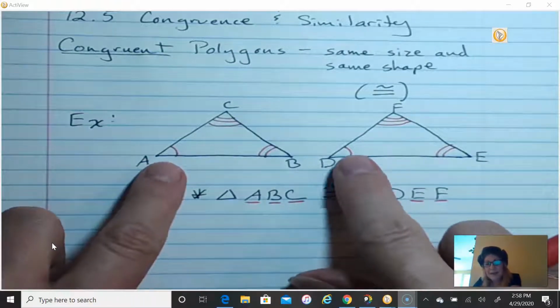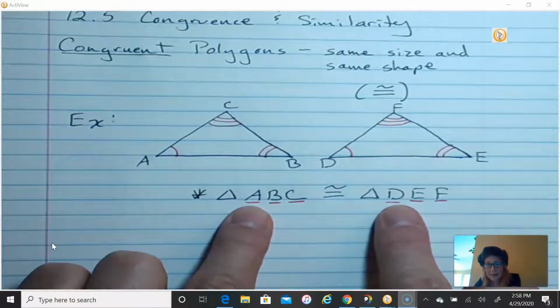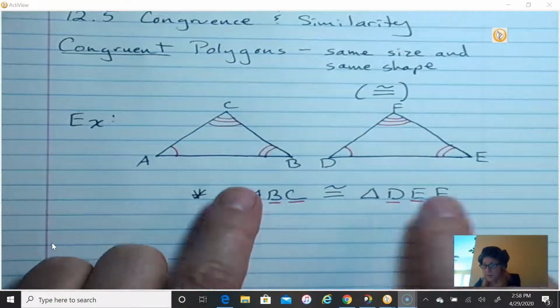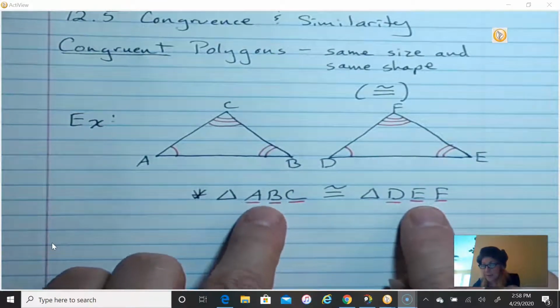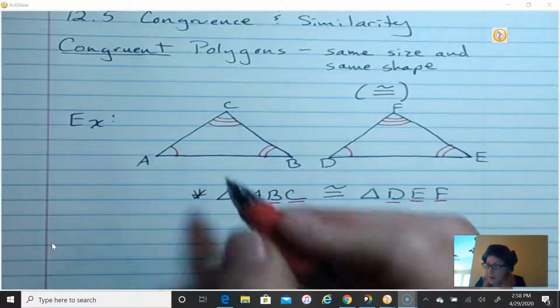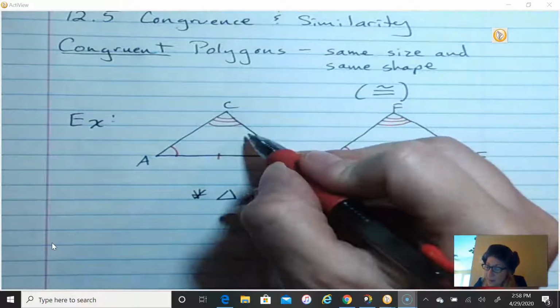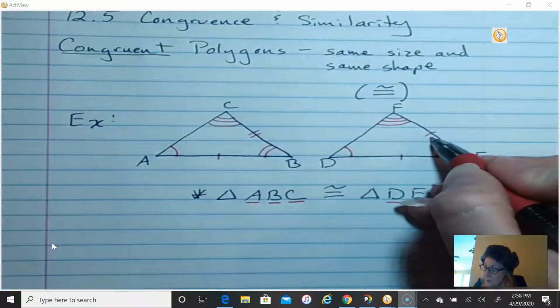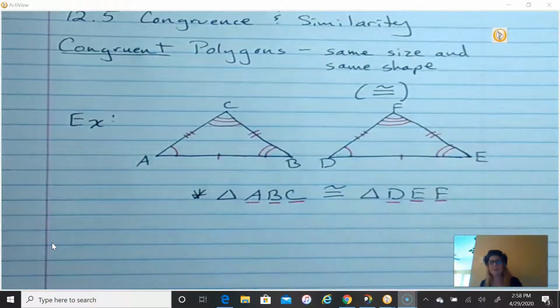So A and D are equal. So notice when listing, they're first, they're together. B and E are equal, so it's together. C and F are equal, and they're together. Let's say this line and this line are the same. And this line and this line are the same, and these are the same.